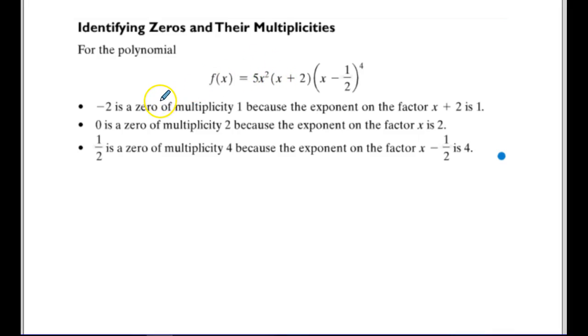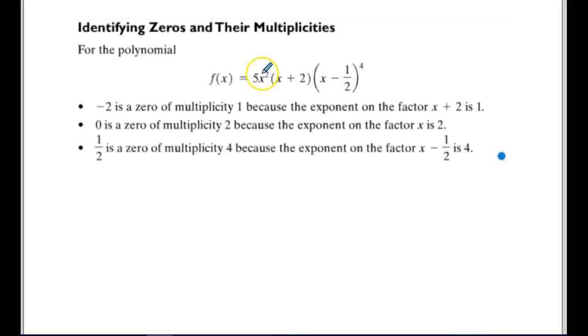So negative 2 is a 0 of multiplicity 1, because the exponent of my factor x plus 2 is 1. So my r is negative 2, a 0 of multiplicity 1, because that's my exponent. Okay, 0 is a 0 of multiplicity 2, because the exponent of my 5x squared is 2.